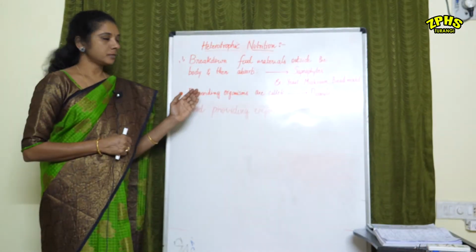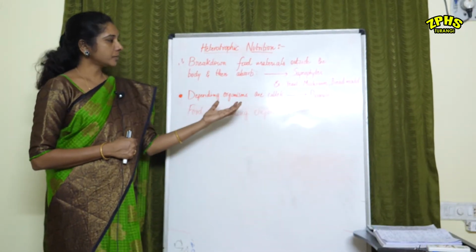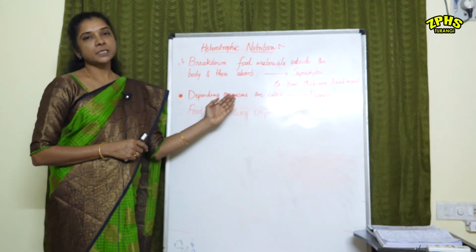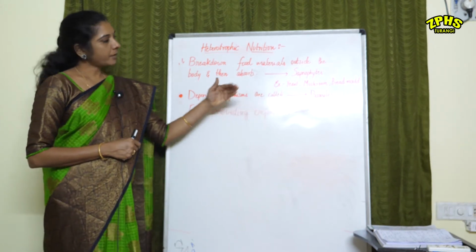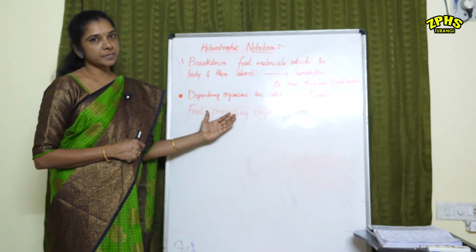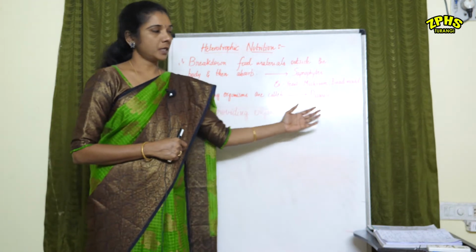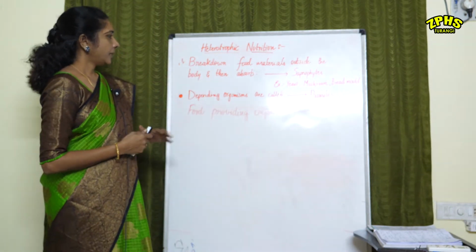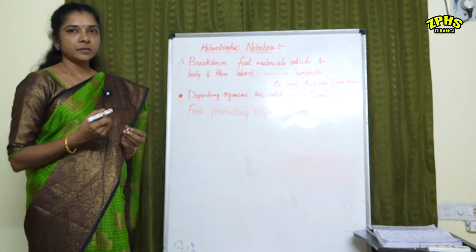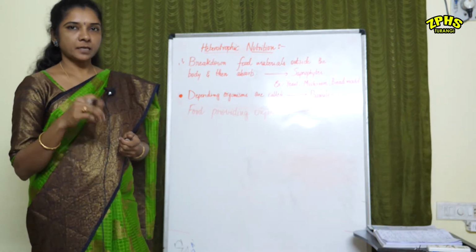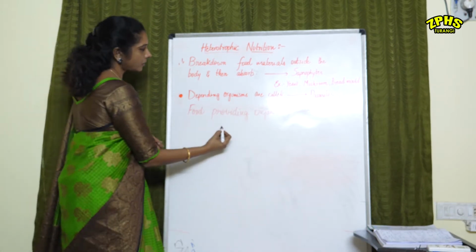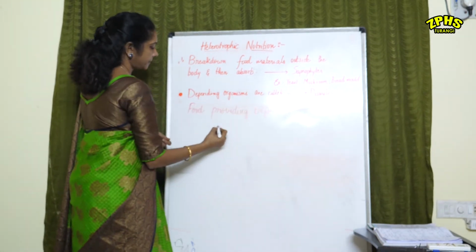Parasites depend on other organisms for food. The depending organisms are called parasites, and the organisms from which they take food, that is the food providing organisms, are called hosts. Let us go to the second type. Suppose by evening we observe mosquitoes, they suck our blood. Here the mosquitoes are called parasites.